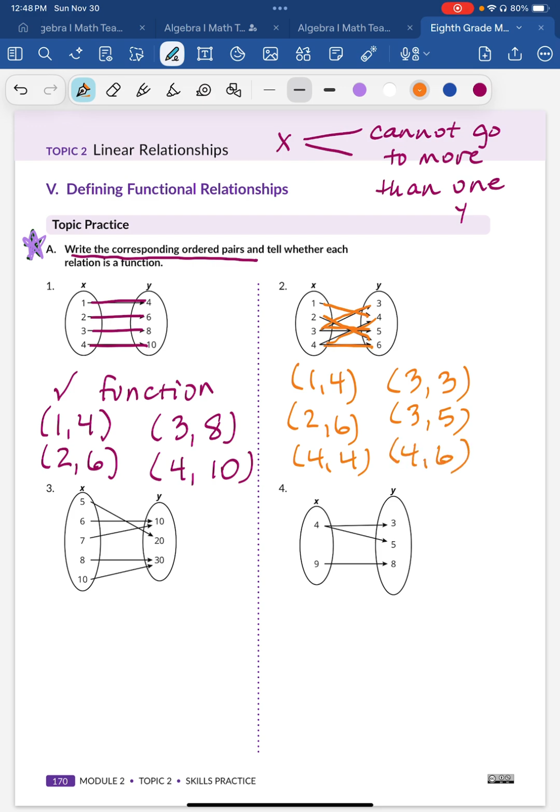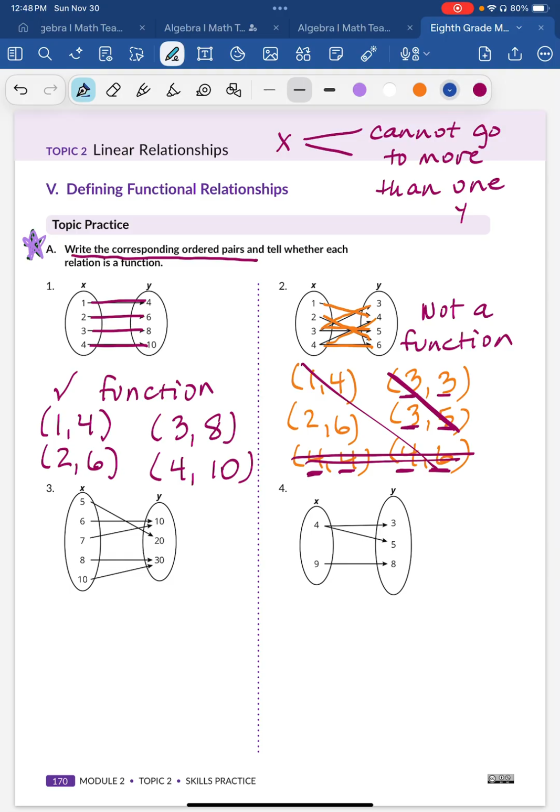So those are the ordered pairs. Is this a function? No, not a function, because 3 goes to 3 and 3 goes to 5. So we can't have that. And 4 goes to 4, but 4 also goes to 6. And we can't have that. Okay, so that's not a function.